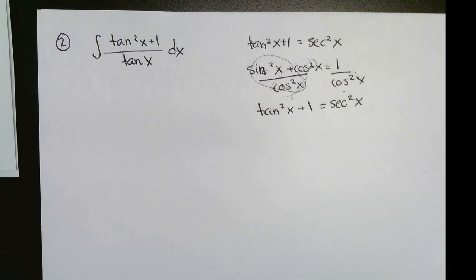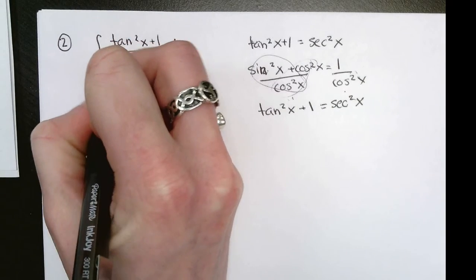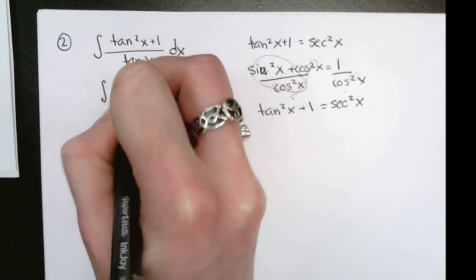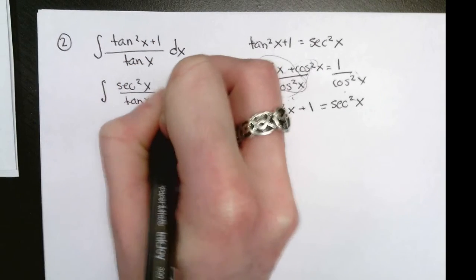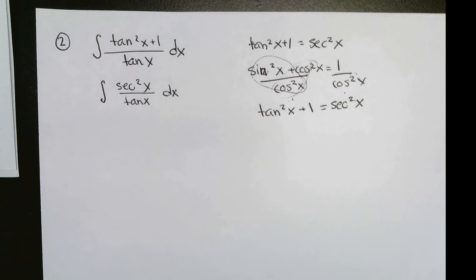Okay, so what I'm going to do is take that top and replace it with secant squared, so the integral of secant squared of x over tan x dx. We always want to look for things and their derivatives if we're trying to find our u. We're also looking for something that is the most inside of our equation.